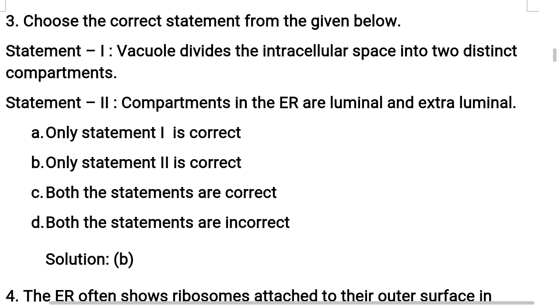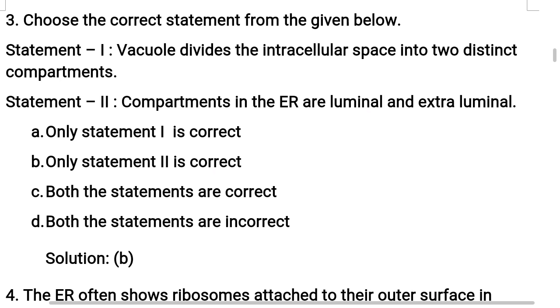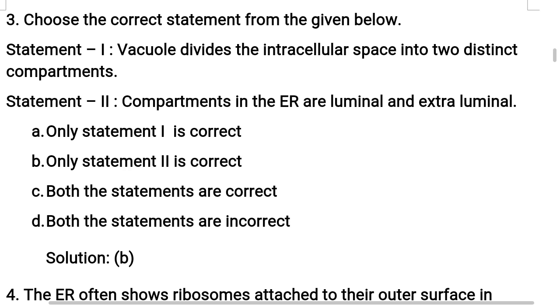Then which organelle is dividing? It is the endoplasmic reticulum. The endoplasmic reticulum divides the intracellular space. Inside the ER is called luminal, and extraluminal is towards the cytoplasm. So these two compartments are present in the endoplasmic reticulum. So the first statement is wrong.